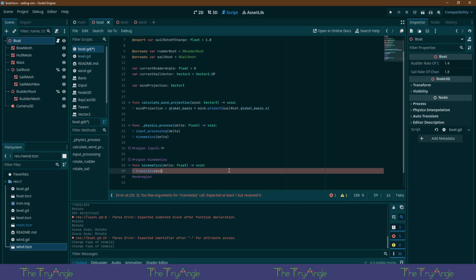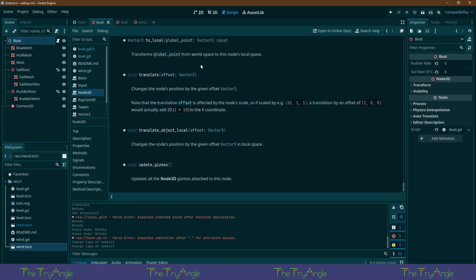Oh, you know what? Wind projection. Now we're going to project that onto, let's see. Does this node position, translation offset in local space?